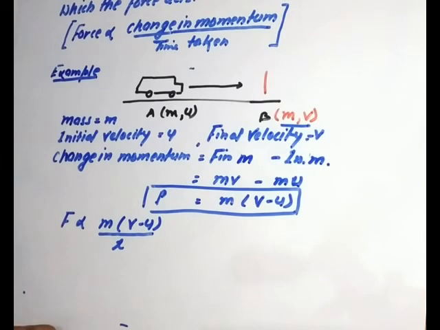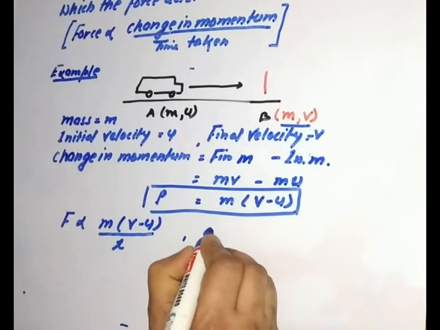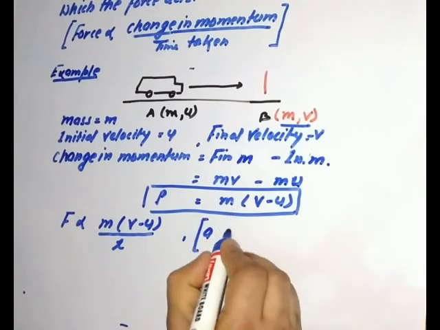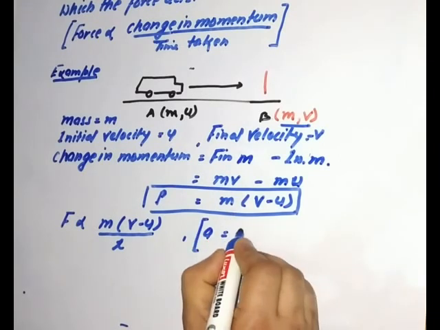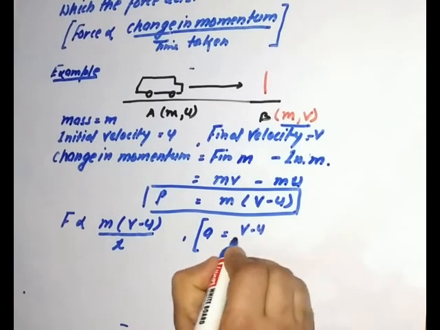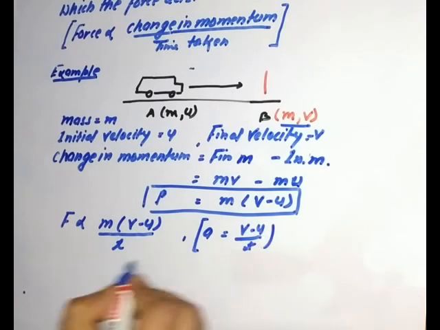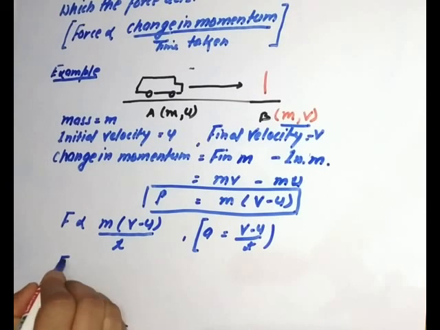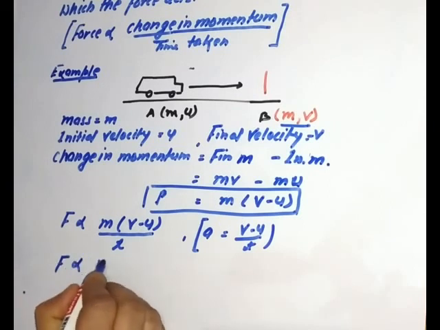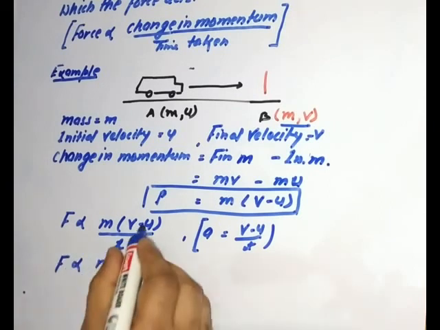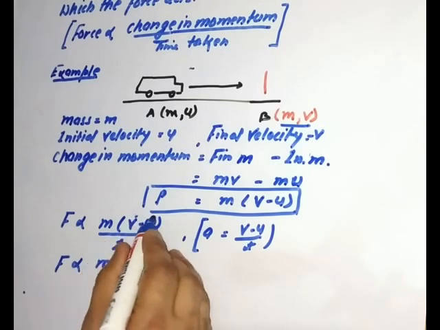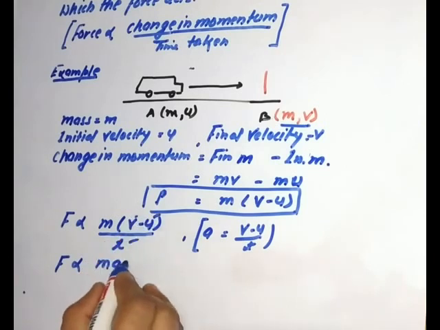We know that acceleration equals change in velocity upon time taken. So F is directly proportional to ma. In place of v minus u upon t, you can put a.